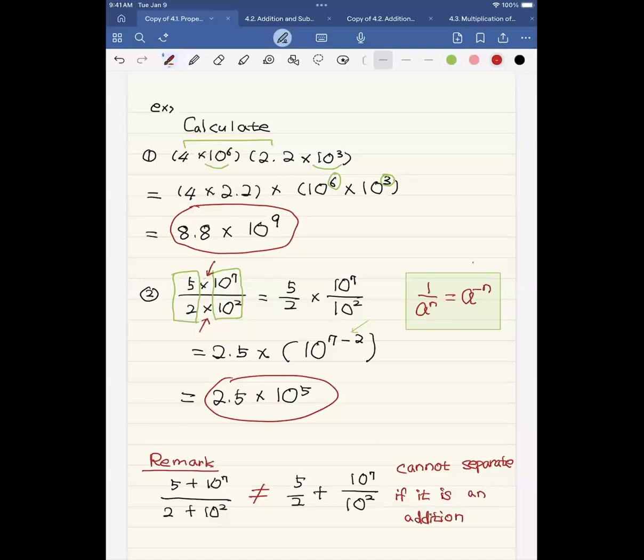Then you cannot combine like this because those are added. And 10 to the 7th power and 10 squared in the denominator cannot be simplified by just combining those together.